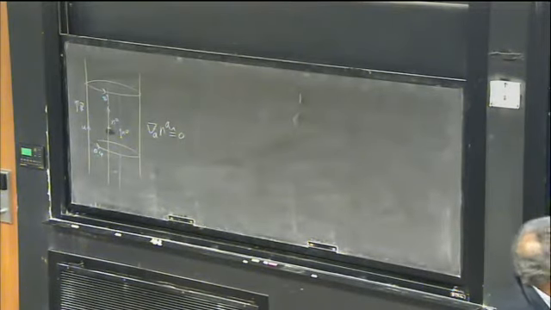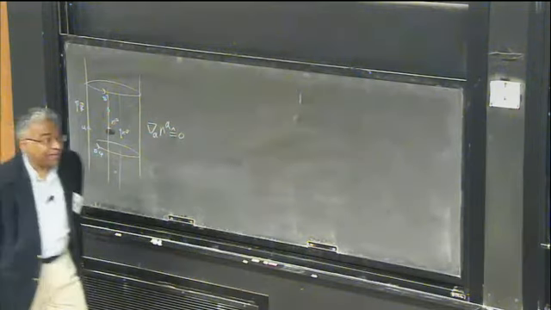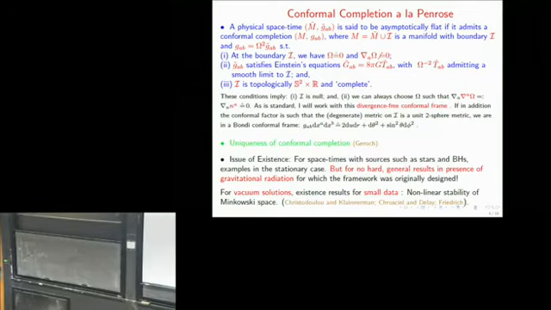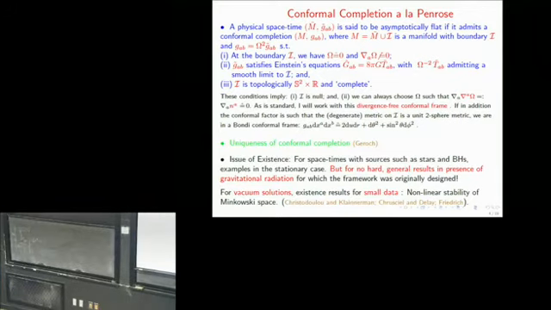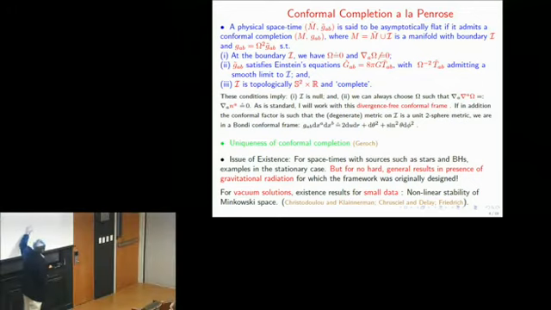What you can do in addition is ask that the metric on these two-spheres be the unit two-sphere metric, so that the physical space-time metric then just looks like du d omega, because Scri is null. I should have put here du d omega, not R. It is du d omega plus d theta squared plus sine squared theta d phi squared. So this is a typo. These are just the null coordinates up here. And you see here that the metric on the two-sphere is just a unit two-sphere metric.